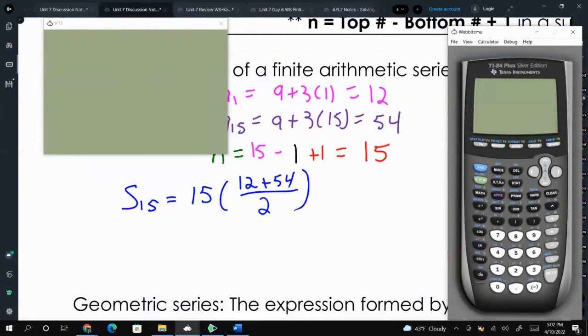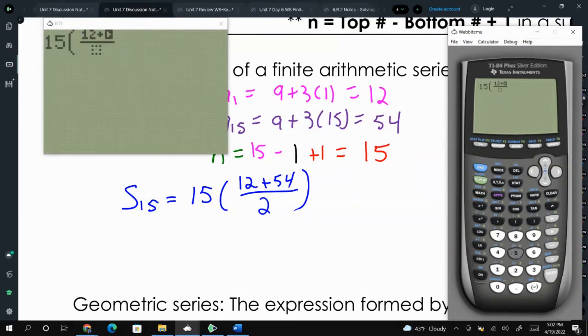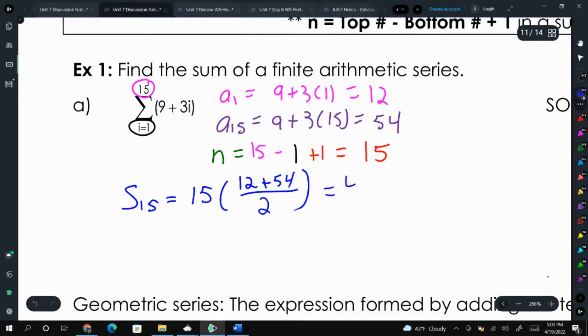But if it can do fractions, we can do 15, parentheses, fraction, 12 plus 54 over 2, close parentheses, and it's 495. So that's far quicker than having to find the first term, the second term, the third term, all the way up to 15, and then adding them together.